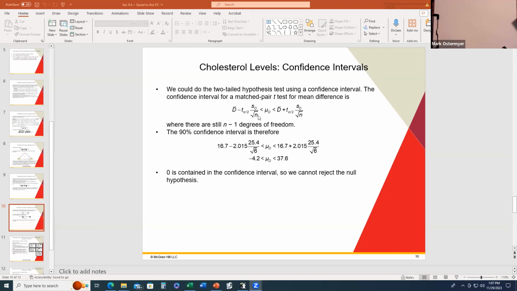And that's multiplied by the standard error of the sampling distribution here. So notice the lower endpoint subtracts off the margin of error from D bar, whereas it adds the margin of error to D bar for the upper endpoint of this confidence interval. And again, you still use n-1 degrees of freedom to find your critical T value. So what would be the 90% confidence interval?